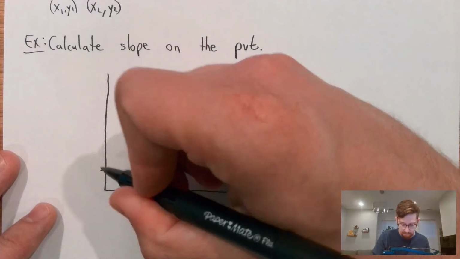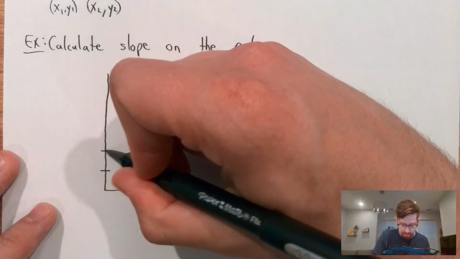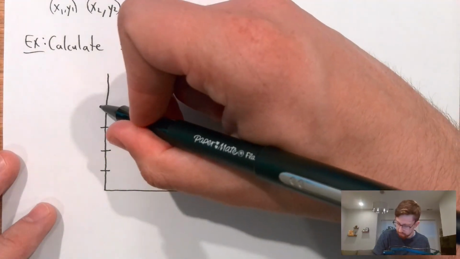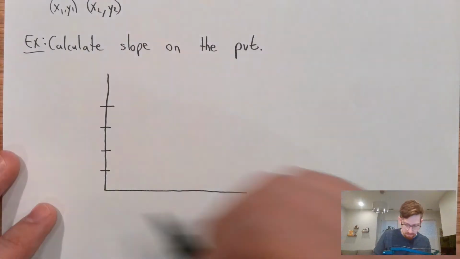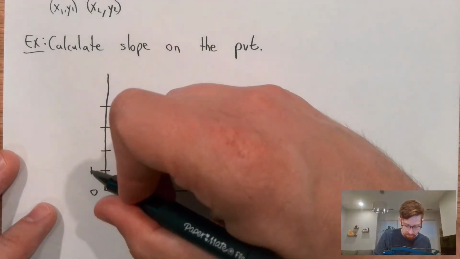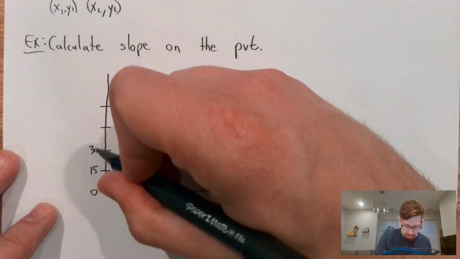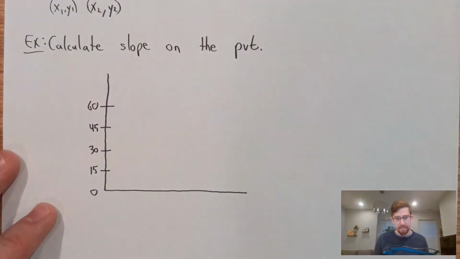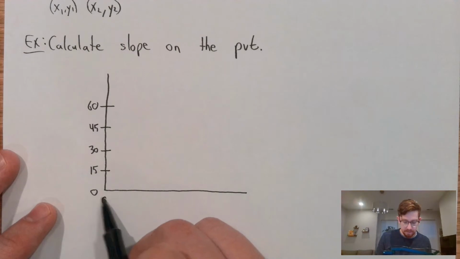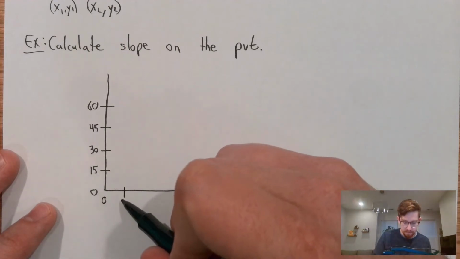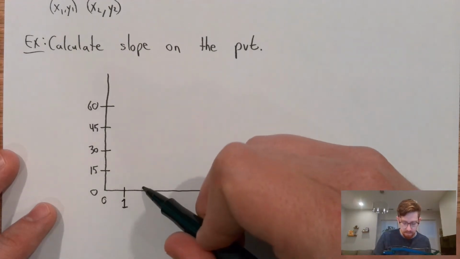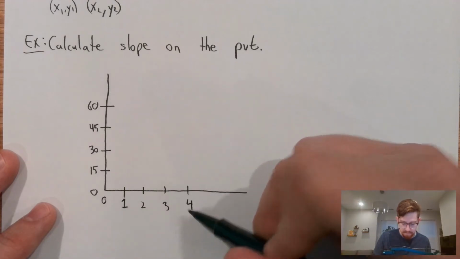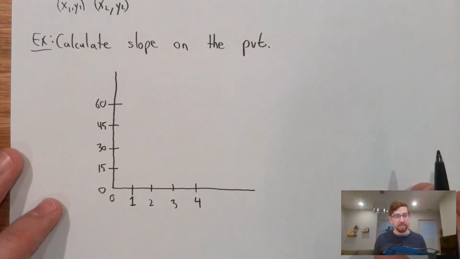It'll have 15, 30, 45, 60. Also, we have 0 here, of course. On the x-axis, we'll have corresponding to those 1, 2, 3, and 4. I should have drawn that a little bigger, but that's okay.